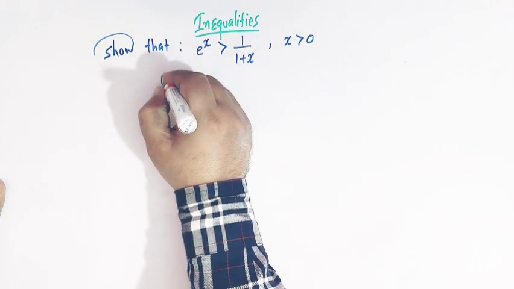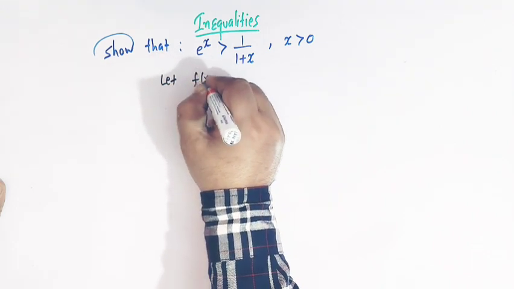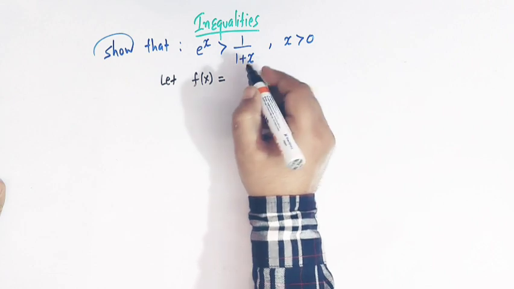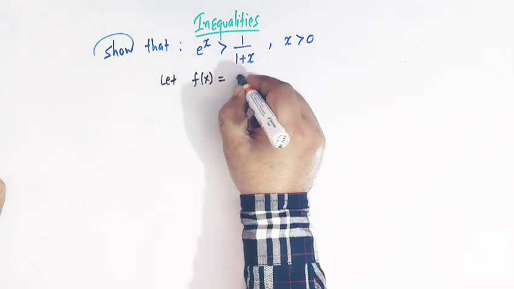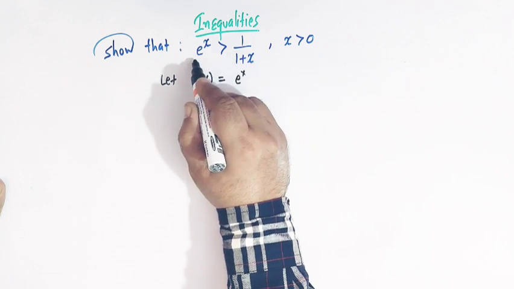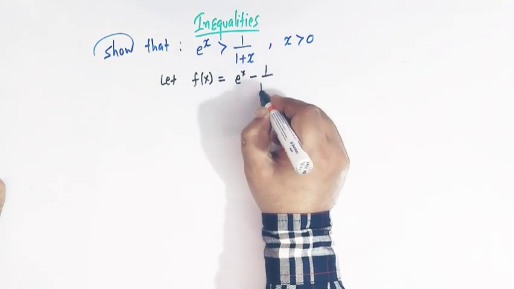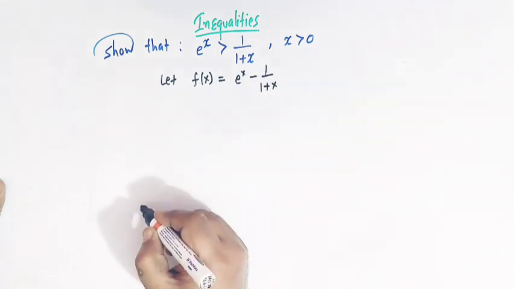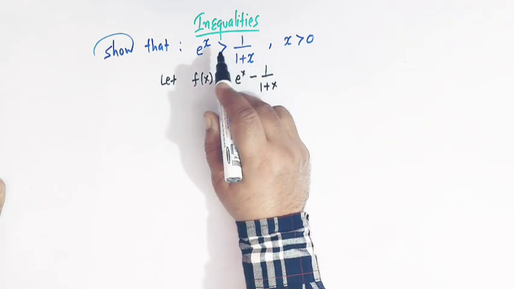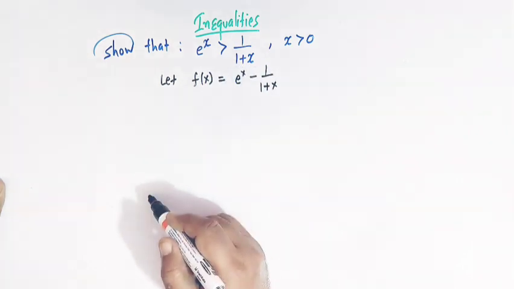So here let us frame a function, say f of x is equal to e raised to x, and if we take 1 over 1 plus x to the left hand side, we get minus 1 over 1 plus x, right? So with the help of the inequality itself, we can create our function, right?